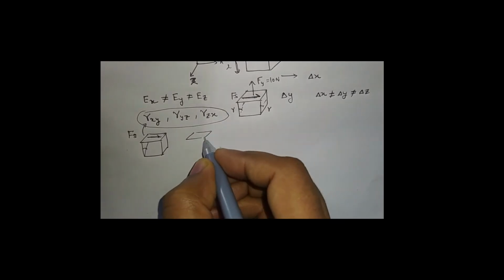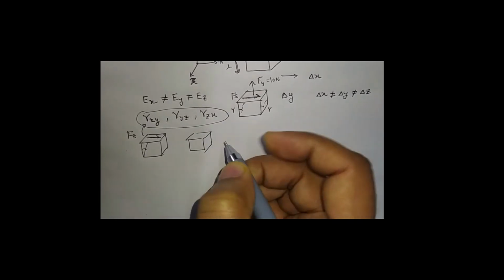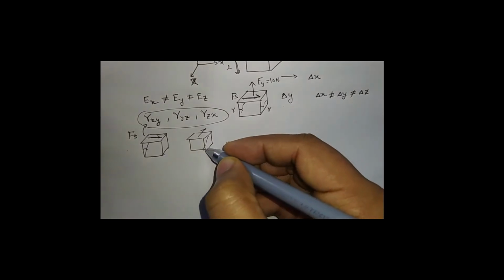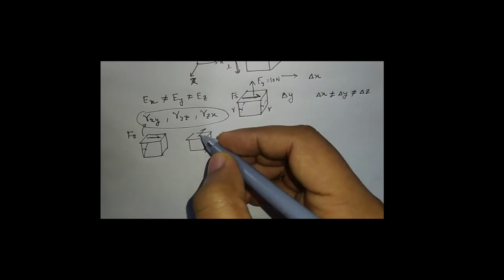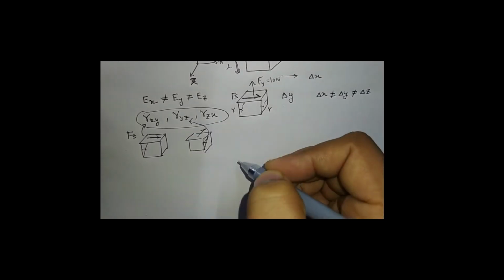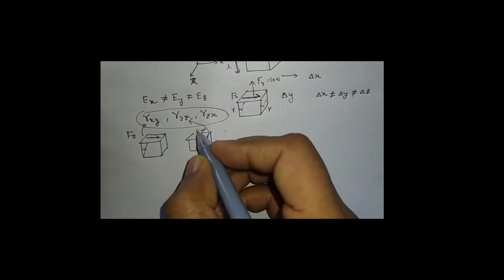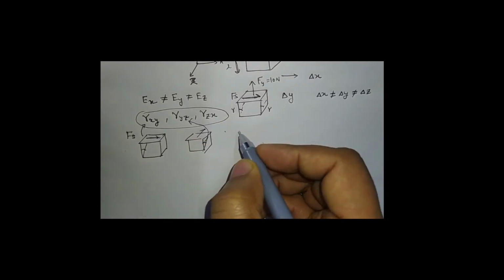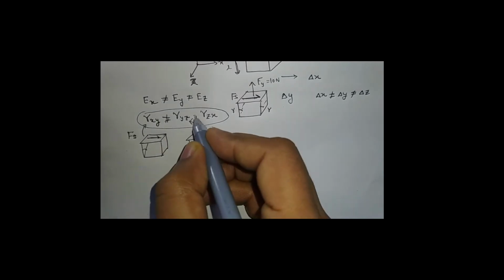Now if we apply the shear force in the Y direction, we will get this deformation. Similarly, in the Z direction we will get this angular deformation, but these will not be the same.